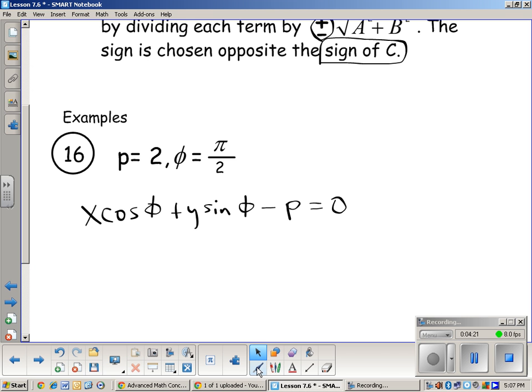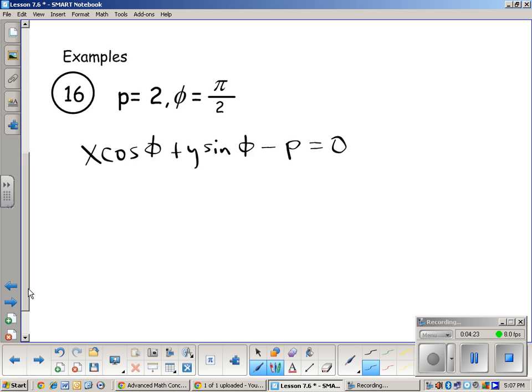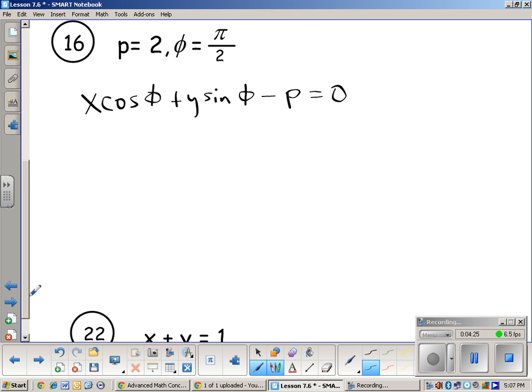If we substitute in what we have, we get x times cosine pi over 2 plus y times sine of pi over 2 minus 2 equals 0.